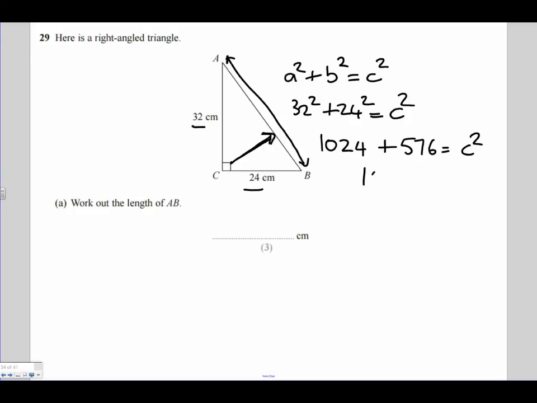Add these two together and you get 1600 equals c squared. We need to get c on its own, so we do the opposite. At the moment it's being squared, so we need to square root it. And what you do to one side, you do to the other. So the square root of 1600 is 40, and that gives us the length of the hypotenuse C. So the length of AB is 40 centimeters.